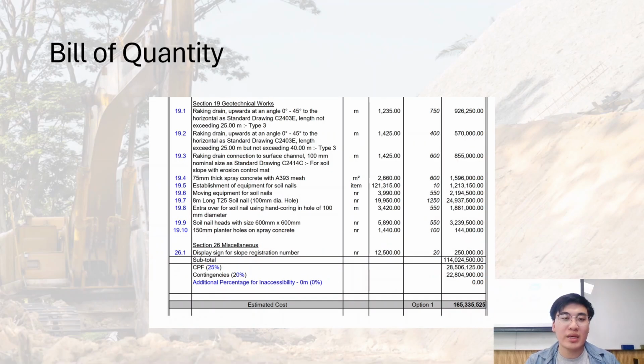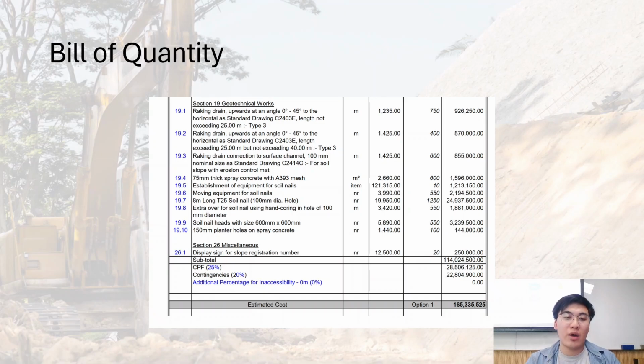From section 19, that is the main works with geotechnical items. The first one is about the soil nails. We need to install various soil nails, including T25, which is 8 meters long each. After installing the soil nails, we have to dig out the raking drain and the soil nail head. After all these works, we have to shotcrete onto the soil surface of the slope.